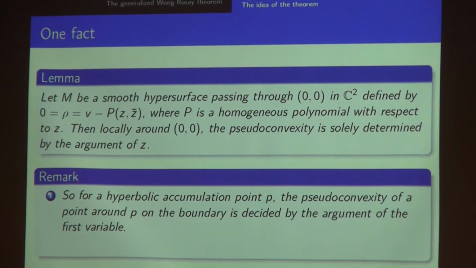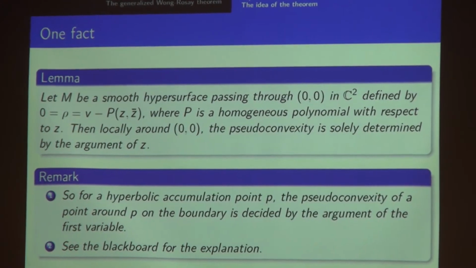And for this defining function, you will see the pseudoconvexity is just determined by the argument of the first variable. You can prove it, this is not hard. And okay, I will explain on the board what this means.